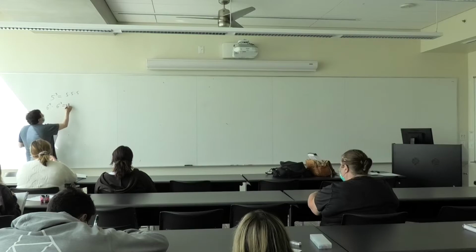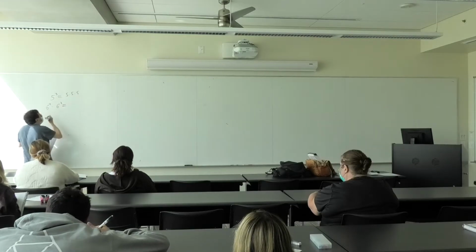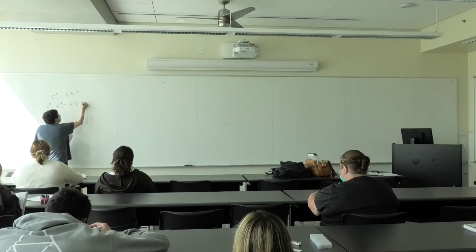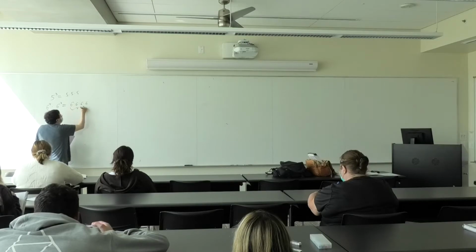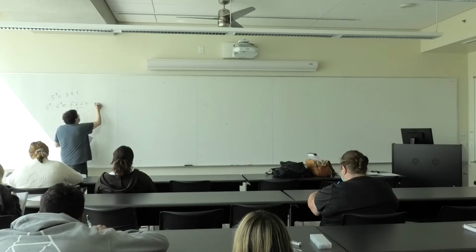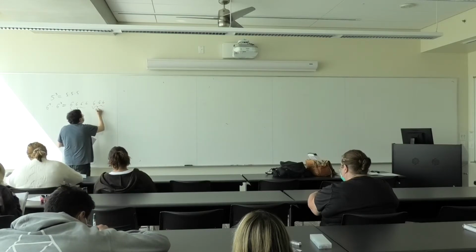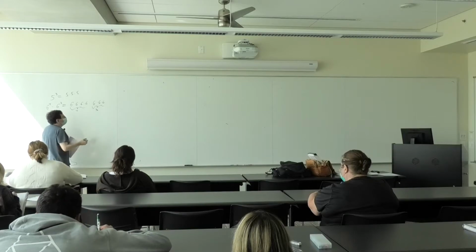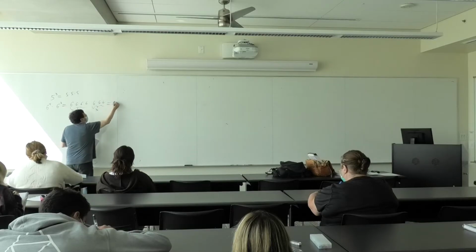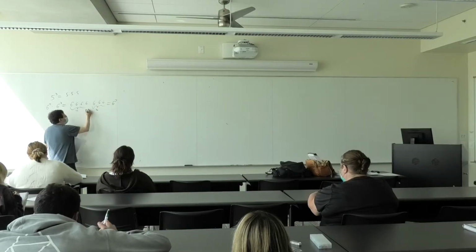So let's use the definition we've described. 6 to the 4th is 6 times 6 times 6 times 6, 4 times. And we're multiplying it by 6 to the 3rd, 3 more times. So we end up with 6 to the 1, 2, 3, 4, 5, 6, 7, which of course is just 4 plus 3.